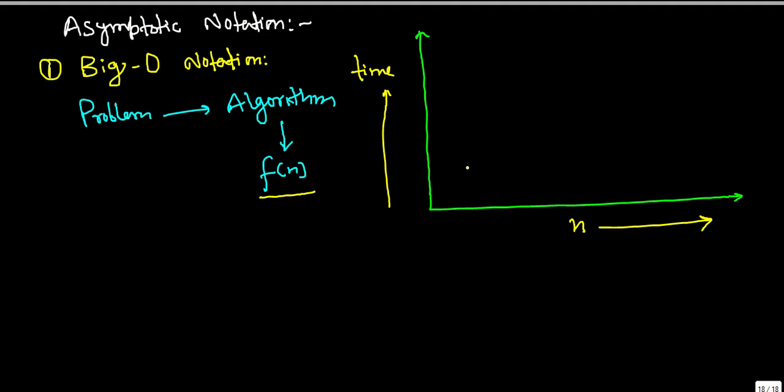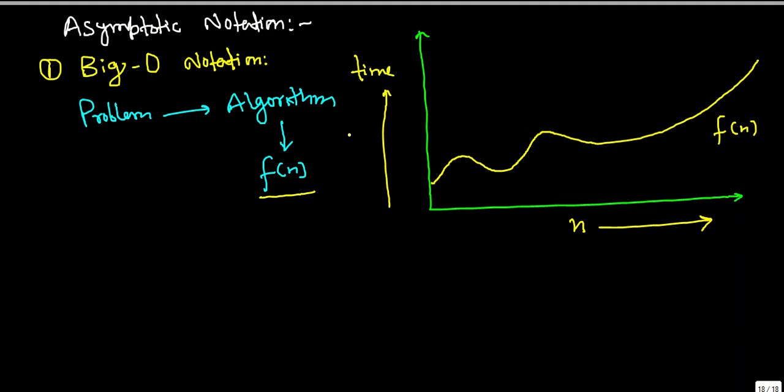We can draw this f(n) maybe like this, which is called f(n), and this f(n) shows that the running time of an algorithm is increasing with the input size like this.